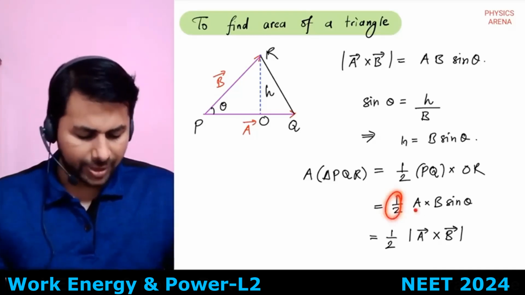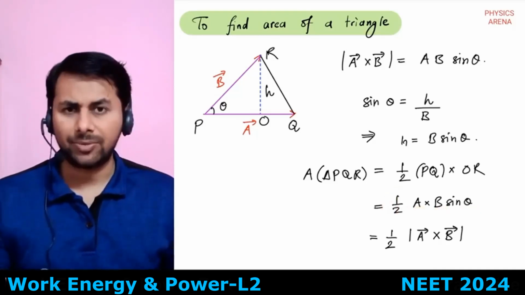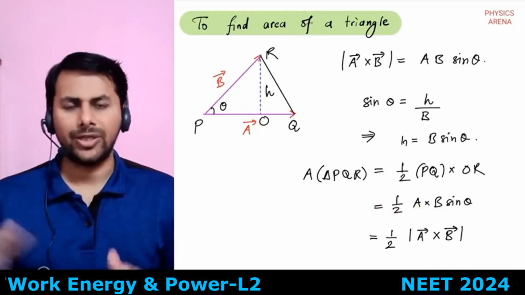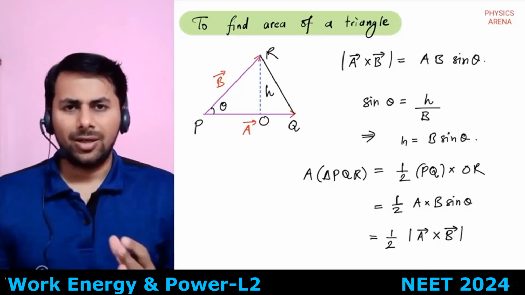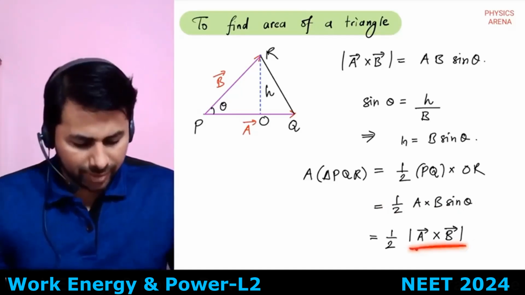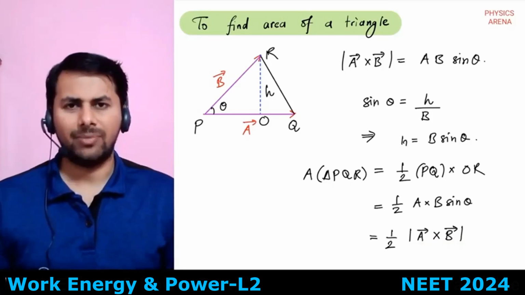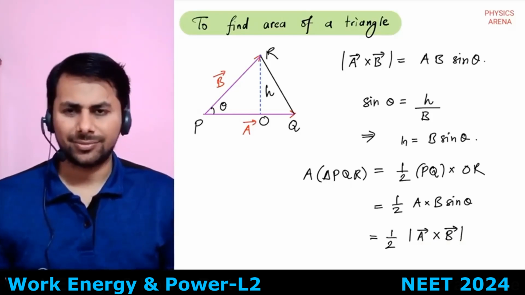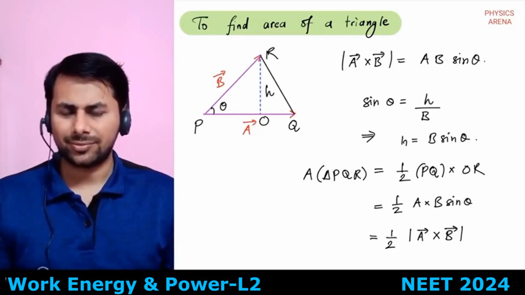Therefore, you get half of A multiplied by B multiplied by sine of theta, and that means the area of a triangle is half of the magnitude of the vector product of A bar and B bar. Got it? Yes, no?